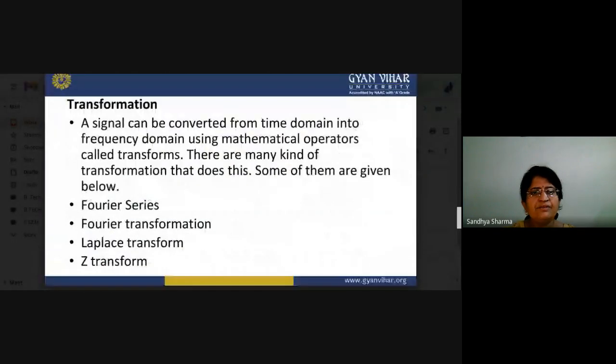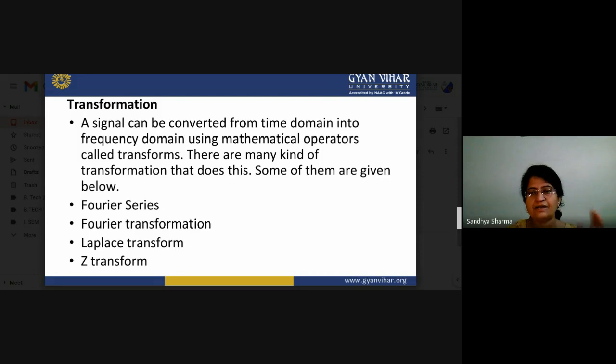A little bit we have to see what a transformation is and why it is called that. A signal can be converted from the time domain into the frequency domain using mathematical operators. That is called a transform. There are many kinds of transformations that do this, and some of them are given.